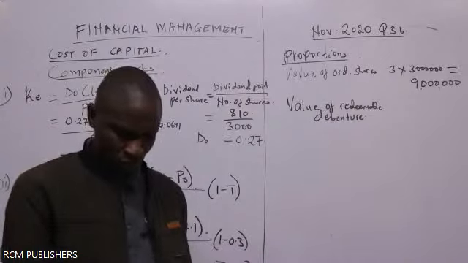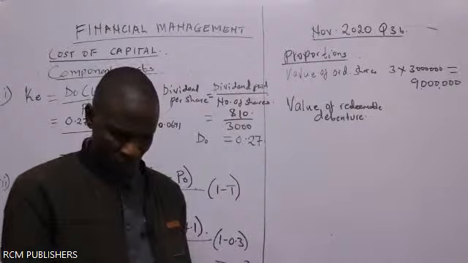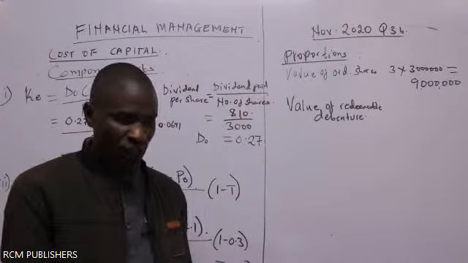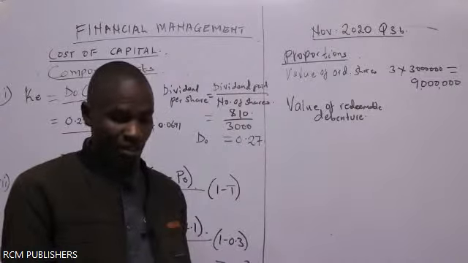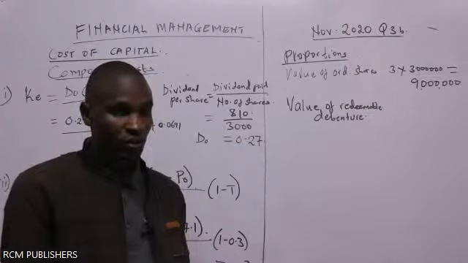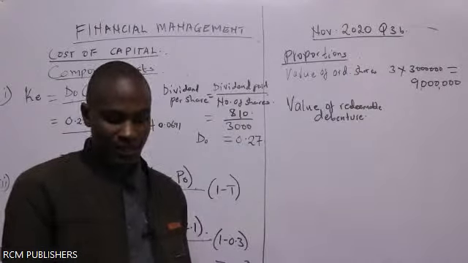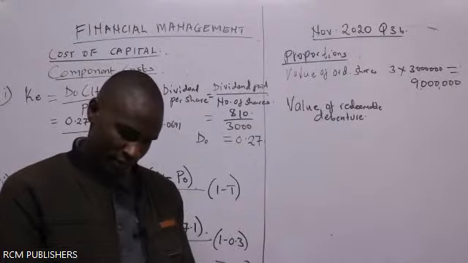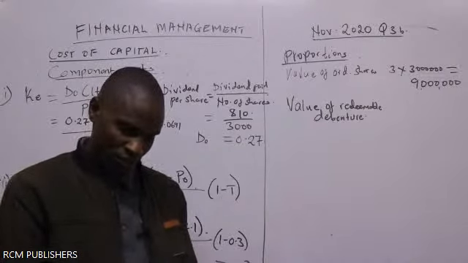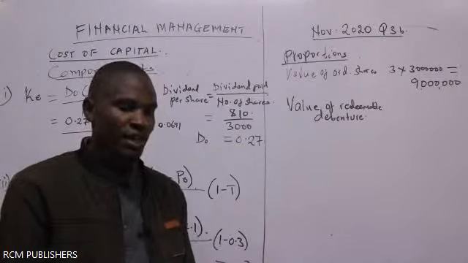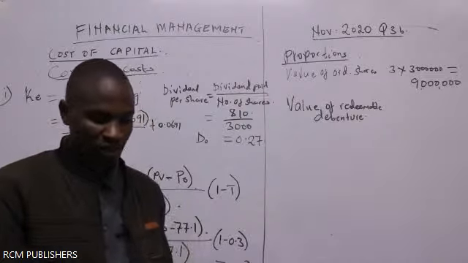Debenture, 7%. Looking at the income statement of financial position, I see a 7% bond. It was 1,300,000.